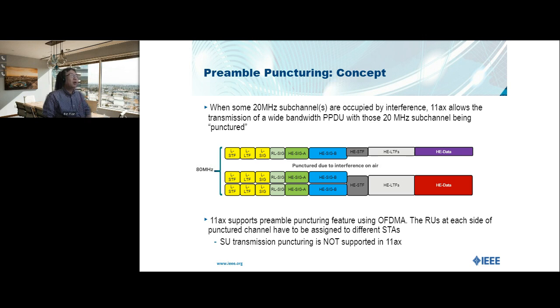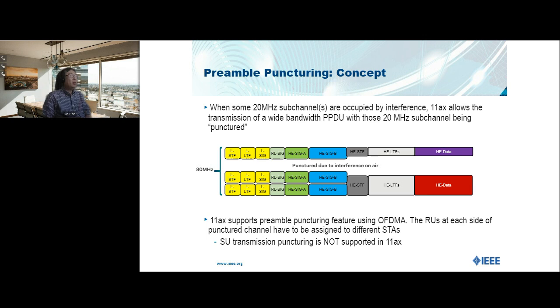The user above the punctured channel goes to one station, and the user below is assigned to a different station. Always, because in 11ax OFDMA, each station can only be assigned one RU. So you can only assign one RU, either above or below.